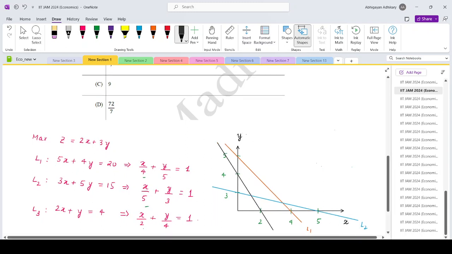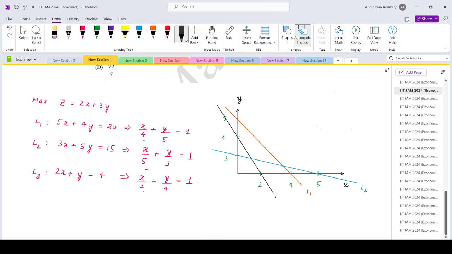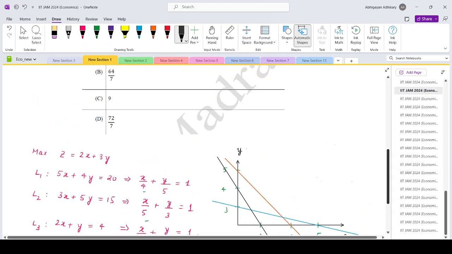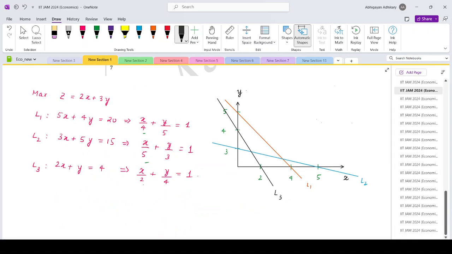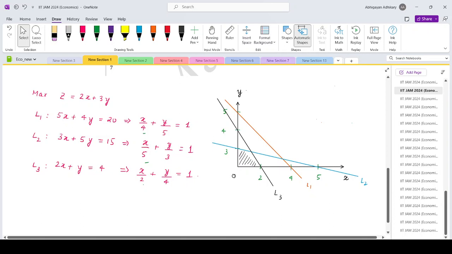This is your L3. And since all the constraints, as you can see in the question, are less than or equal to, the feasible region we need to consider is this. Correct?